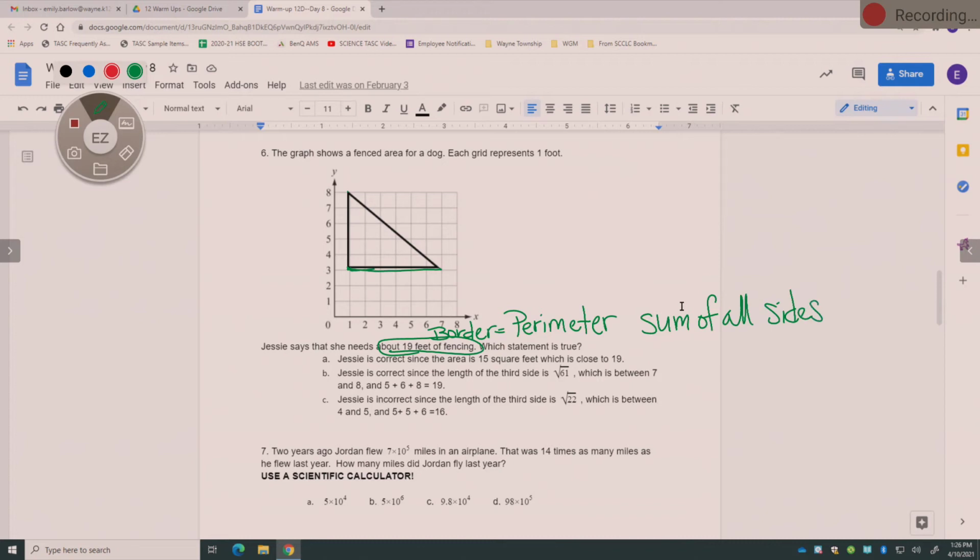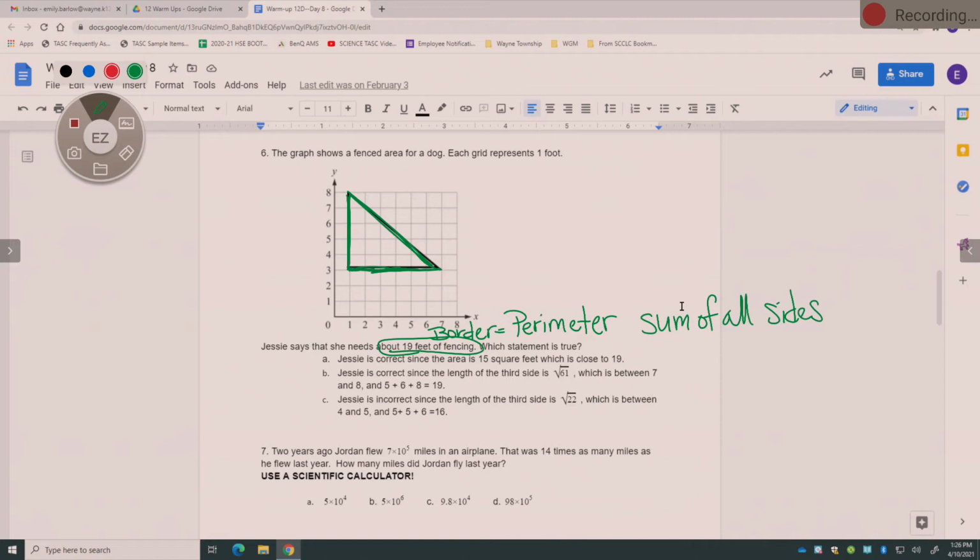So we want this side plus this side plus this side. And we need the perimeter to be approximately 19 feet. Well, if it's a perimeter question, then I need to know some side lengths, right?